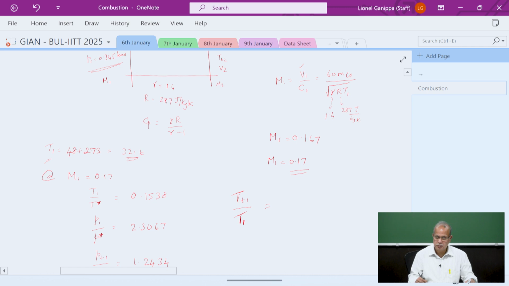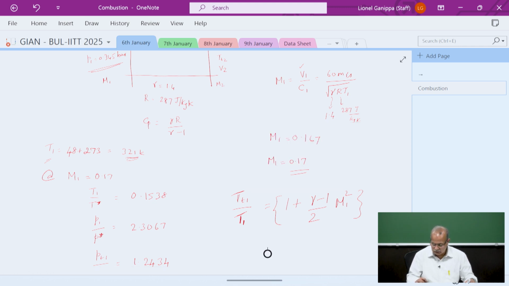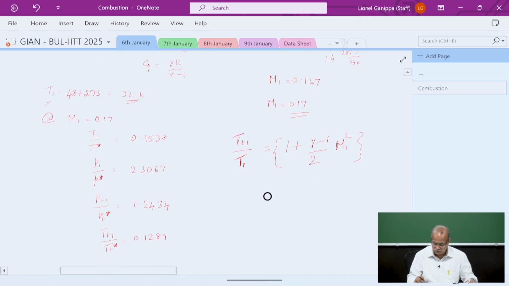So the relationship between the local and stagnation is 1 plus (gamma minus 1) by 2 M1 square. That's it. You remember this. Again, you get this from the energy equation. So H naught, or total energy, is equal to H plus half V square.